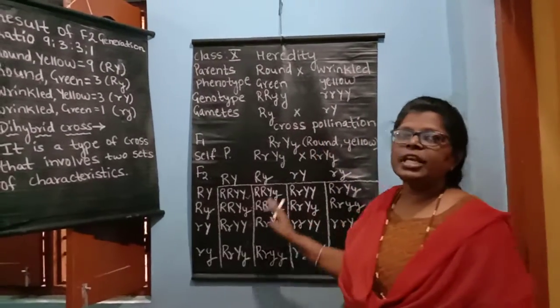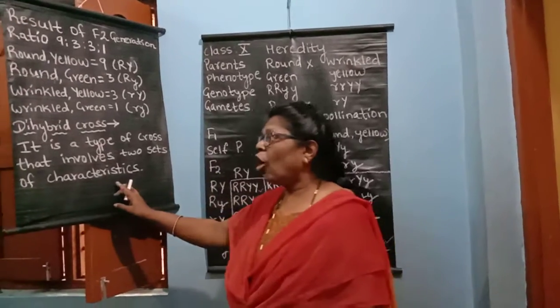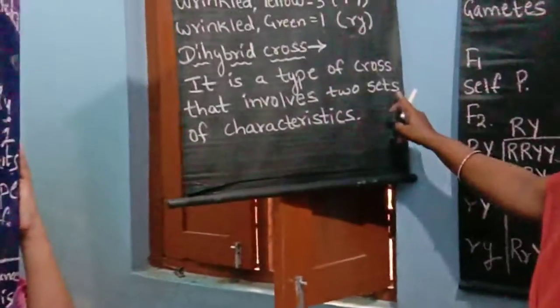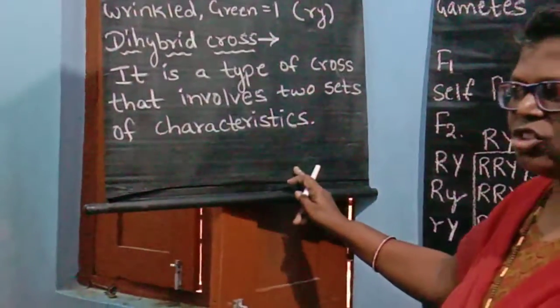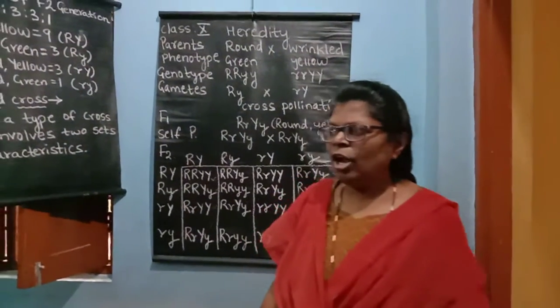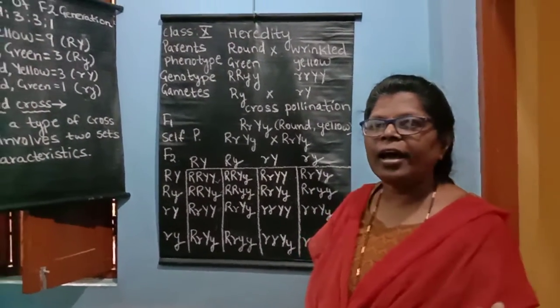So this cross is known as dihybrid cross. So here is the definition of dihybrid cross. It is a type of cross that involves 2 sets of characteristics. Thus, the inheritance of seed shape is independent of the inheritance of the seed color.